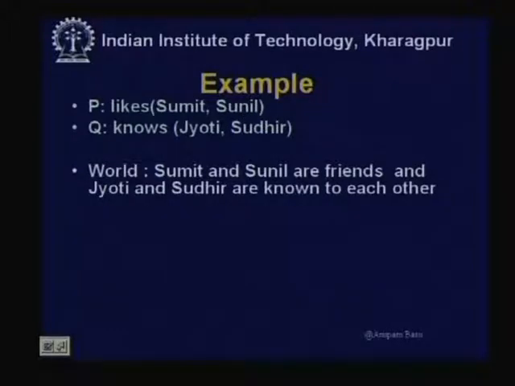Then what will happen? Sumit and Sunil are friends, and obviously friends like each other, so this one will evaluate to true. Jyoti and Sudhir are also known to each other, so this is also true in that world. But maybe Geeta and Sudhir do not know each other, so the proposition knows Geeta Sudhir will evaluate to false, but knows Jyoti Sudhir evaluates to true.